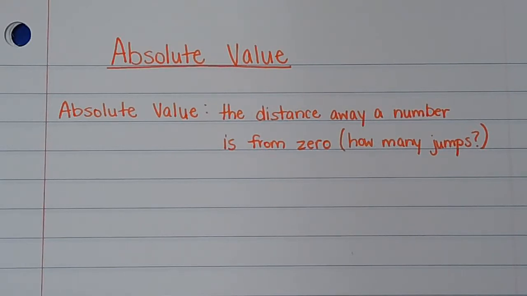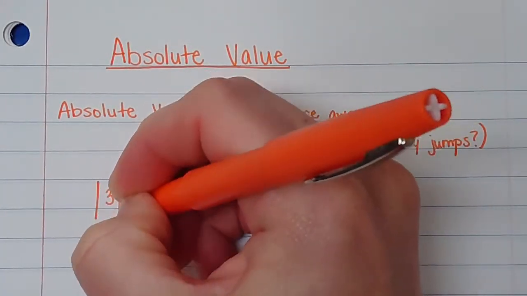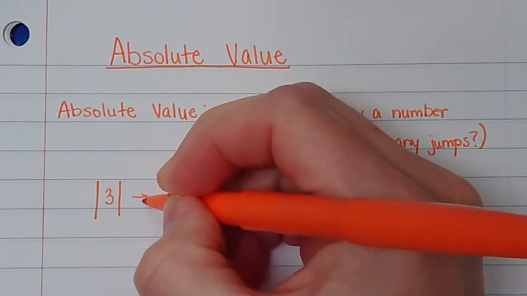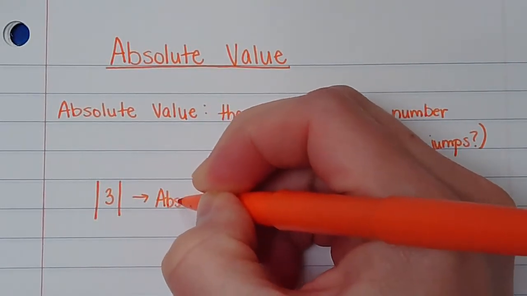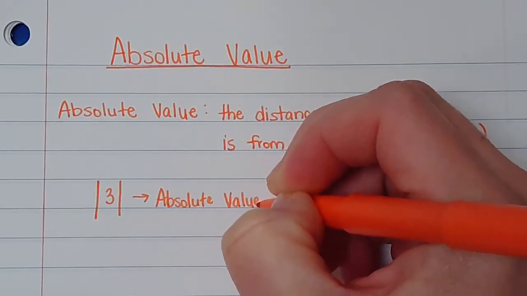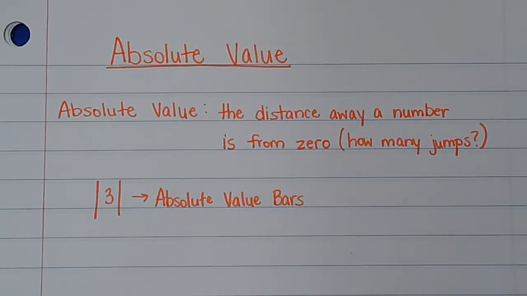Okay. We show it by this right here. Okay. These bars right here. They're called absolute value bars. Okay. That's simple. All right.